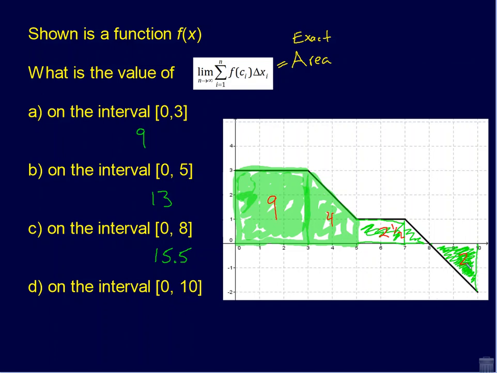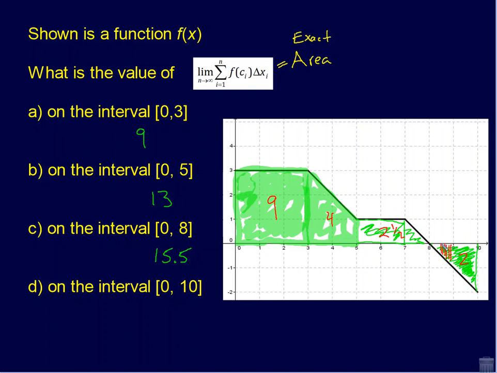But let me go back to the definition of what we're trying to do. We've defined this to be a sum, or a Riemann sum. And if you were drawing little tiny rectangles in there and we're moving from left to right, well, the delta x, the width, is a positive number as we go left to right.